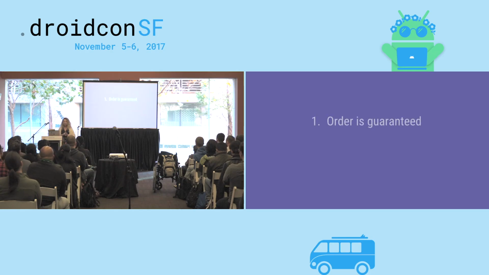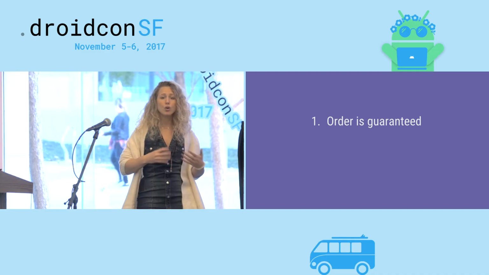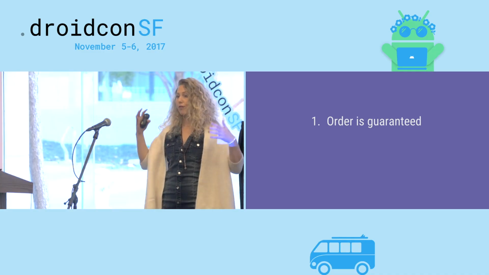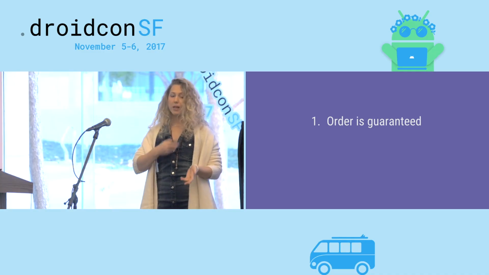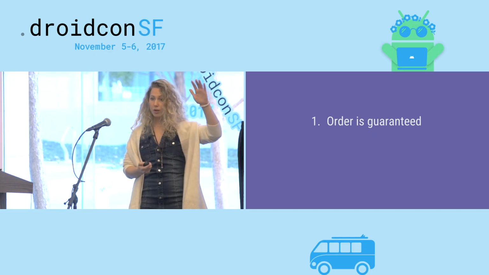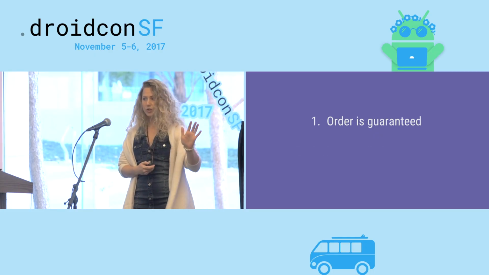First of all, I want you to know that there are many steps here, right? And the order of everything is guaranteed. It doesn't mean that we always have an input event, right? Sometimes we don't. And we don't always have animation, and we don't always need to redraw a view. Of course not. But if it's going to happen, it happens in order. That's the first really important thing.